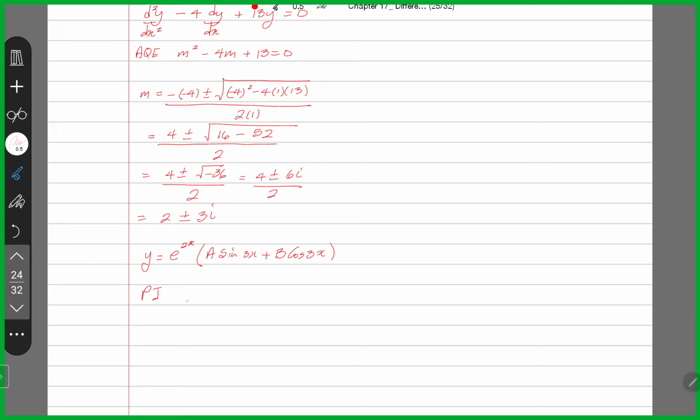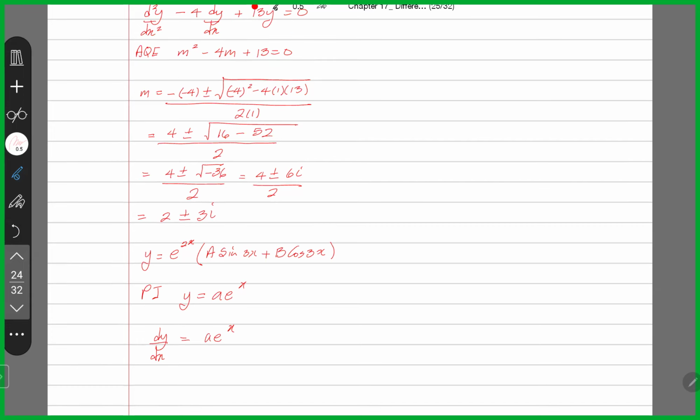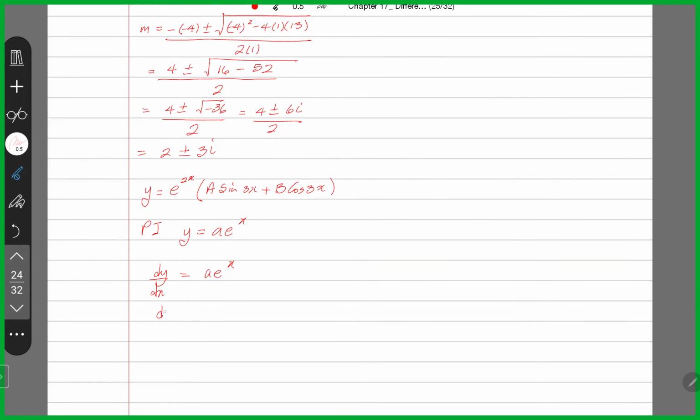Now the particular integral is of the same form as f of x. So y is equal to a e to the x, dy by dx is equal to a e to the x, and d2y by dx squared is equal to a e to the x.